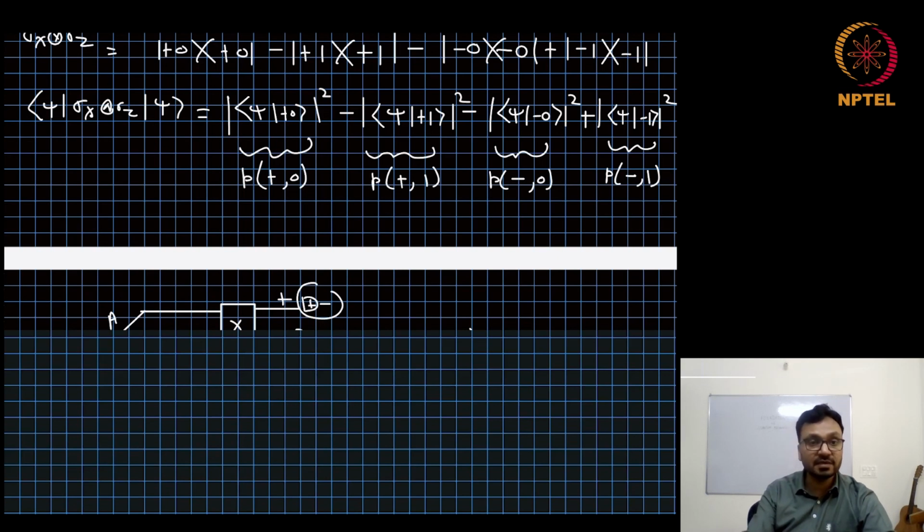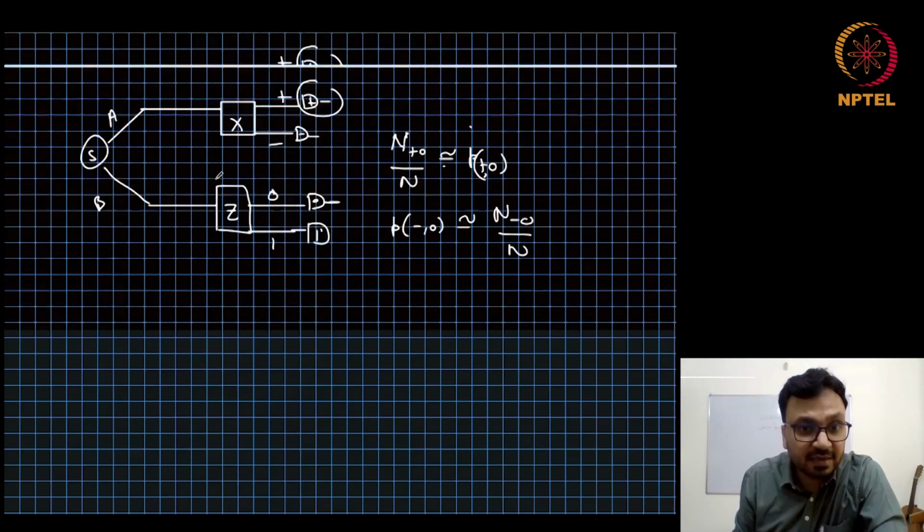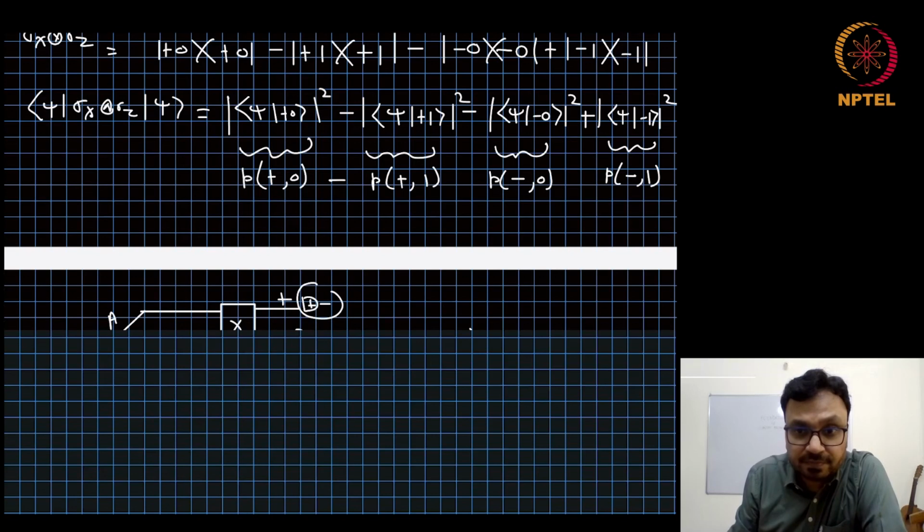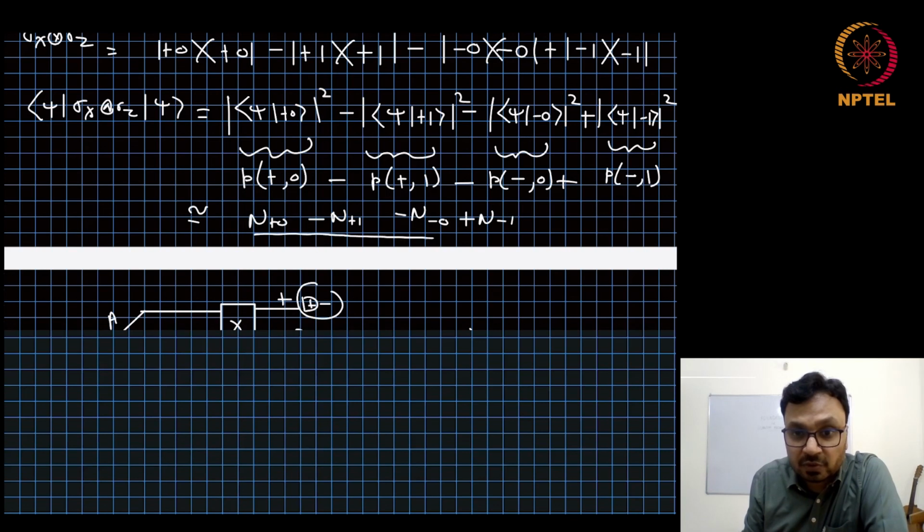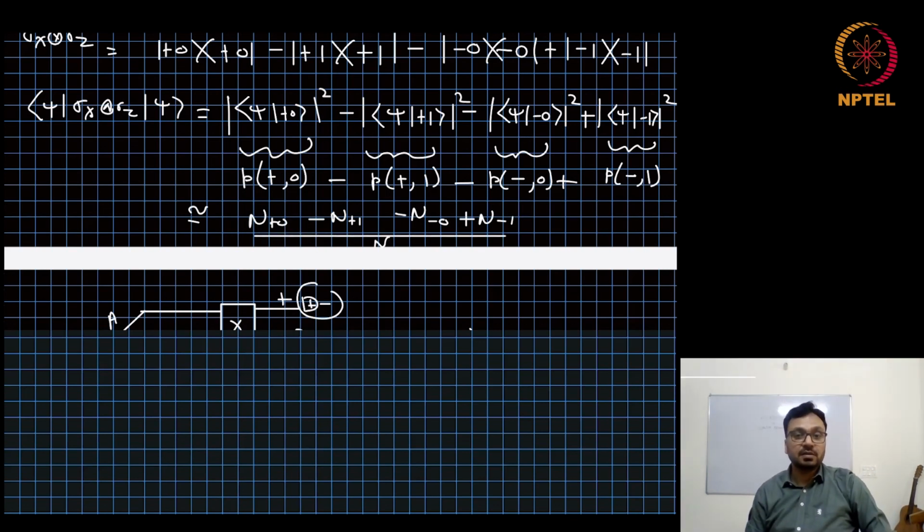This can be seen from the spectral decomposition of sigma x and sigma z. And with this, we can calculate the expectation value of sigma x tensor sigma z. This can be written as n plus 0 minus n plus 1 minus n minus 0 plus n minus 1, over the total number of pairs of qubits, n.